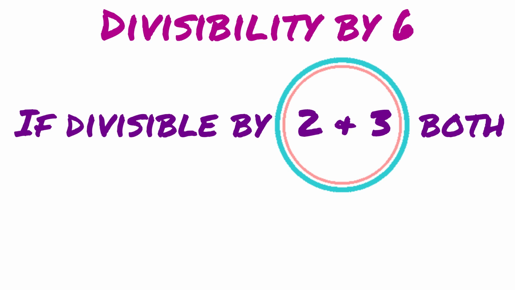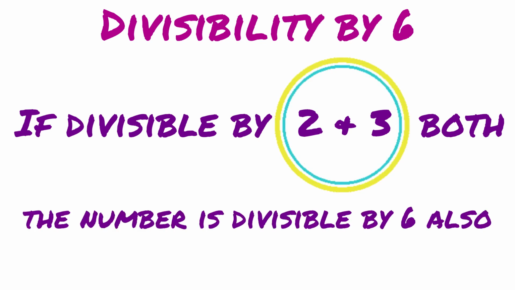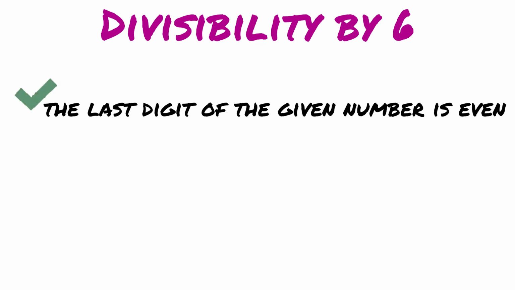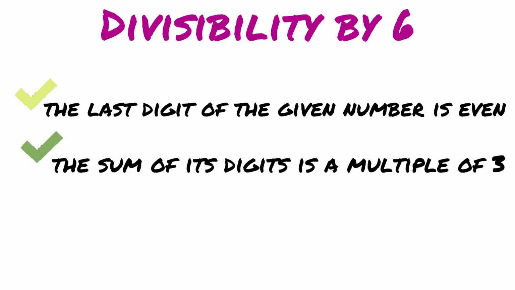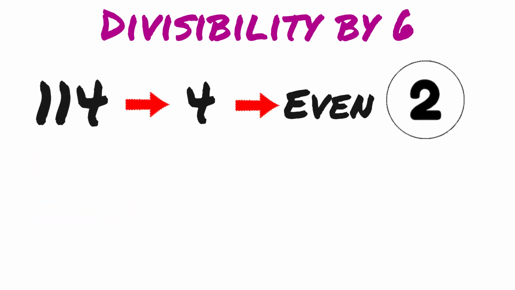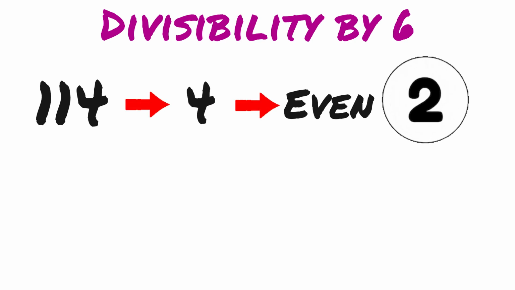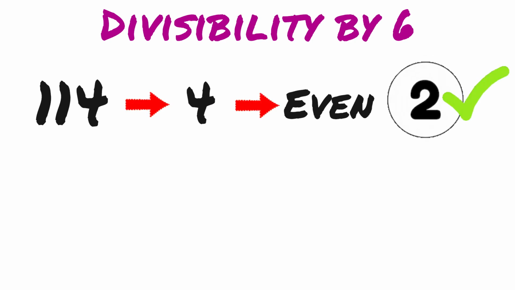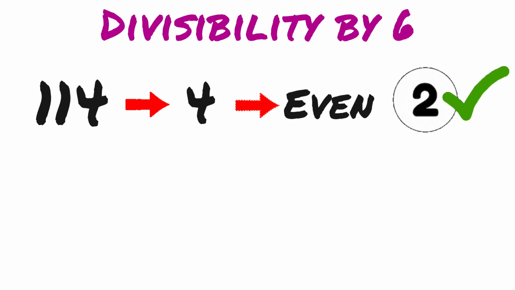Divisibility by 6. If a number is divisible by 2 and 3 both, the number is divisible by 6 also. That is, if the last digit of the given number is even and the sum of its digits is a multiple of 3, then the given number is also a multiple of 6. For example, 114: the number is divisible by 2 as the number is even and the last digit is 4.